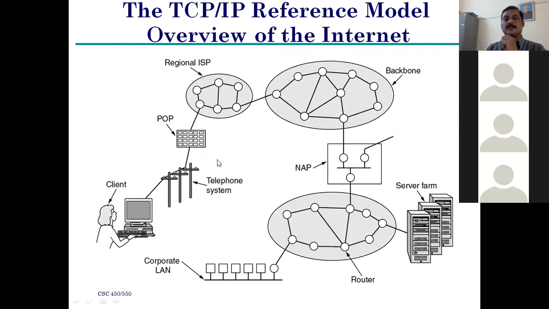Right, coming to the next one. This is the overall design of the network or internet, the TCP/IP reference model or overview of the internet. In this internet there are a number of subnets, ISPs, NAPs, servers, topologies, LANs, and types of networks, all interconnected one to another and to the server.